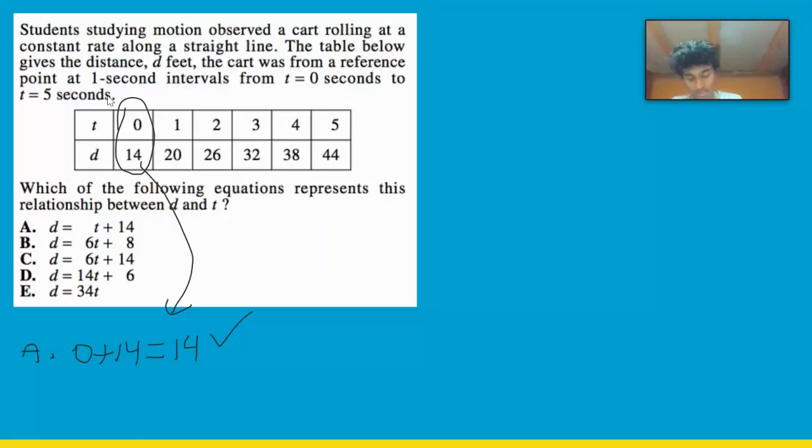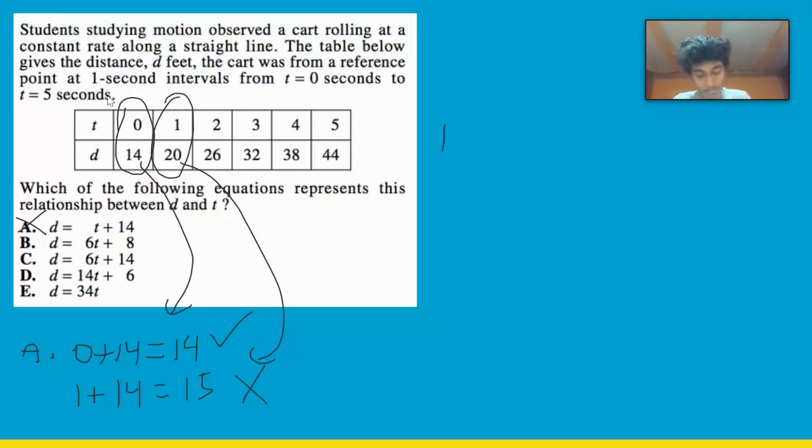Now let's look at 1. 1 plus 14 is equal to 15. So when we have an input of 1, we get an output of 15. Is this what we want? Well, this is not what we want, because we want an output of 20, but instead we're getting an output of 15. So we know that A is wrong.